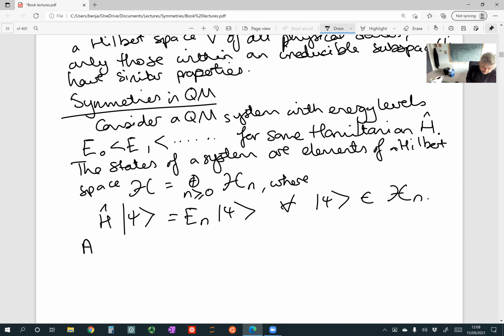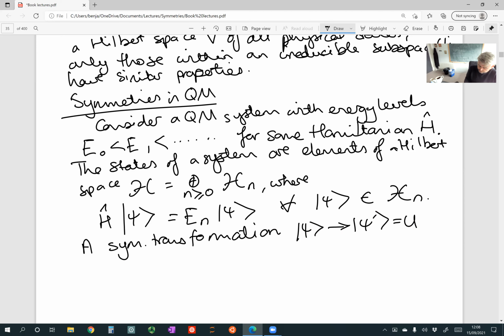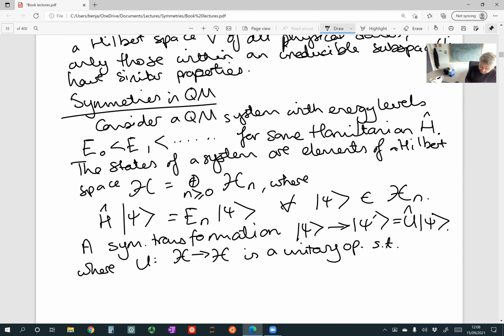So a symmetry transformation on the states, well, we're going to have some operator U acting on those states. U is a map from the Hilbert space to the Hilbert space, a unitary operator such that U H U dagger, so the Hermitian conjugate, is equal to the Hamiltonian.